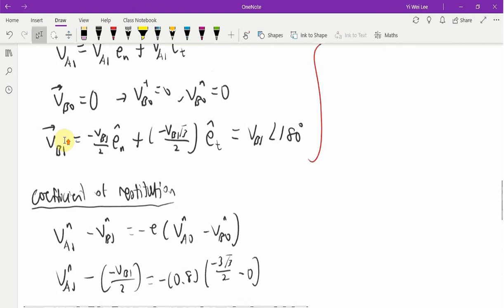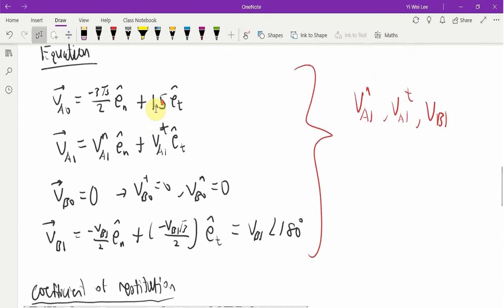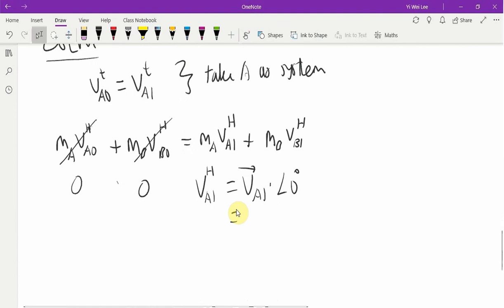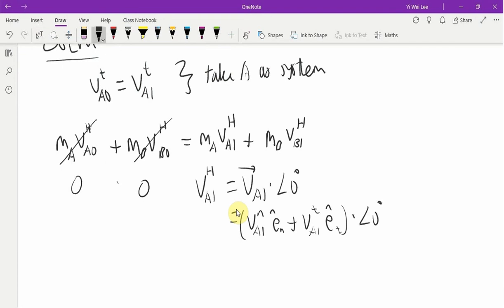Take a look at this. Velocity of A1 dot product with 0 degrees, if we use the formulas, we can find that it's actually equal to VA1N eN plus VA1T eT, dot product with 0 degrees. Now, it is a painful journey, but actually it's just a dot product with 0 degrees, so it's very simple.